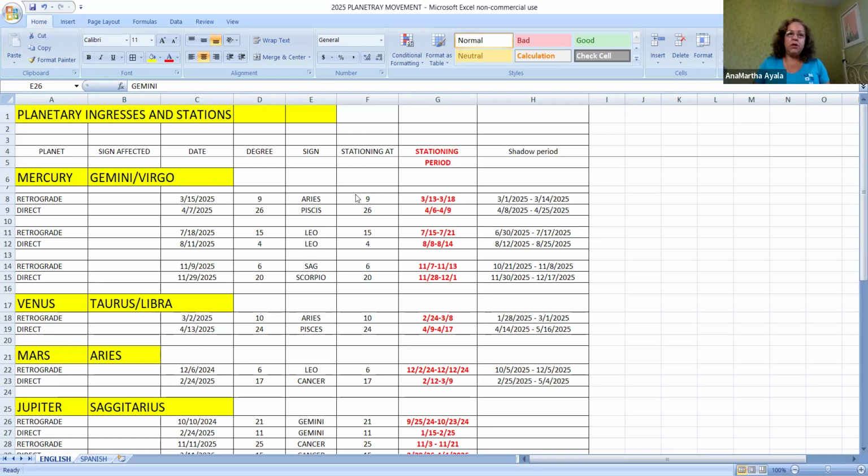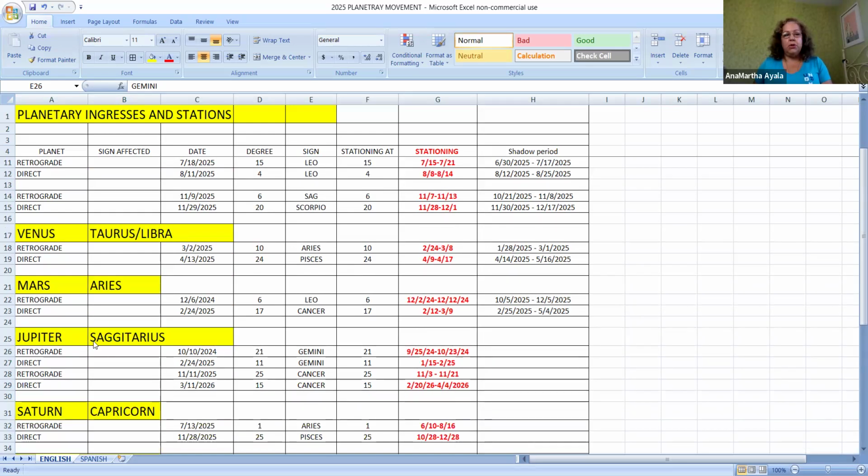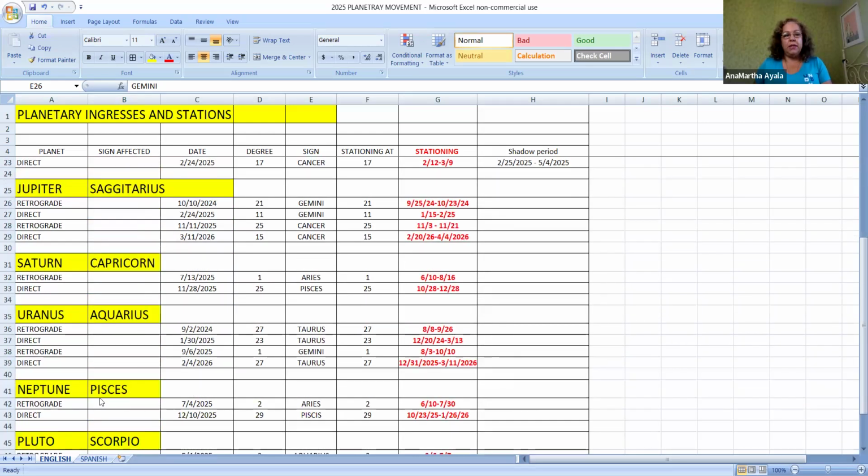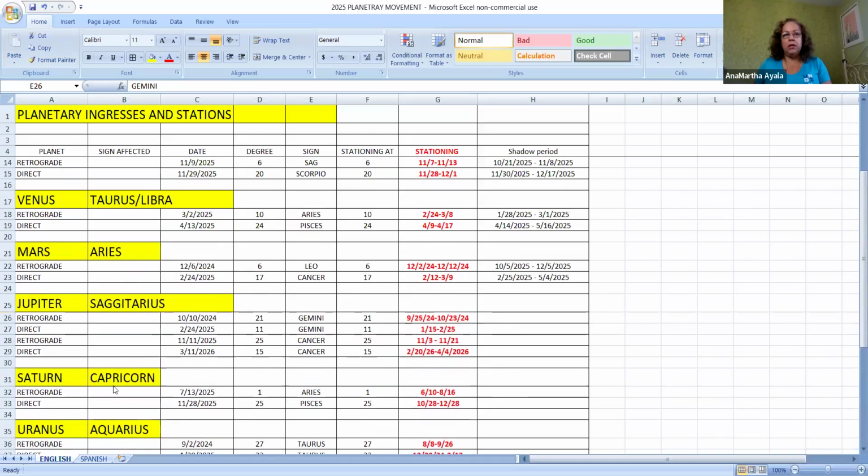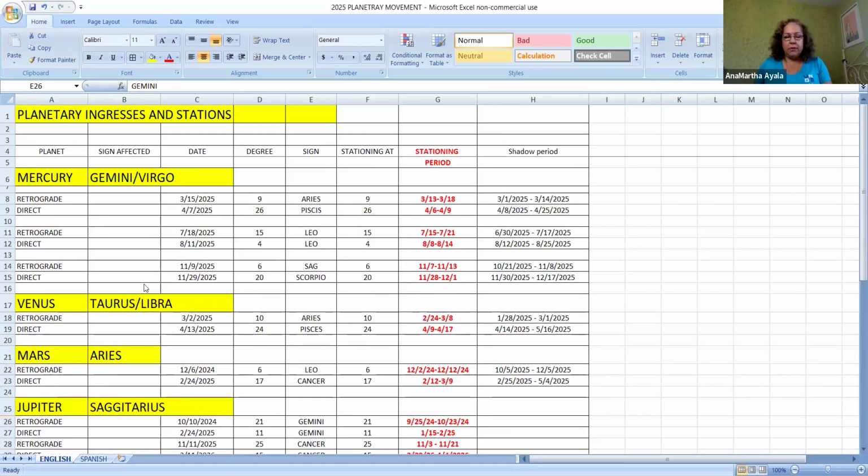That's the way it looks from our viewpoint here on Earth. Now, none of these planets actually stop or go backwards. But that's the way it looks from down here. And you all know that the sun and the moon do not retrograde, period. Only these other planets, right? Mercury, Venus, Mars, Jupiter, Saturn, Uranus, Neptune, and Pluto. These are the only planets that retrograde.